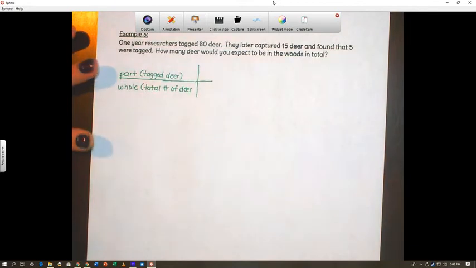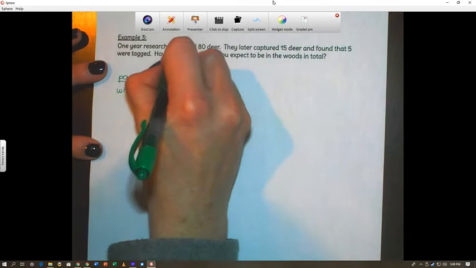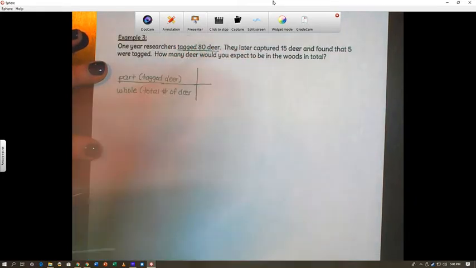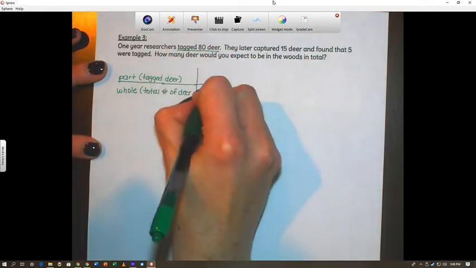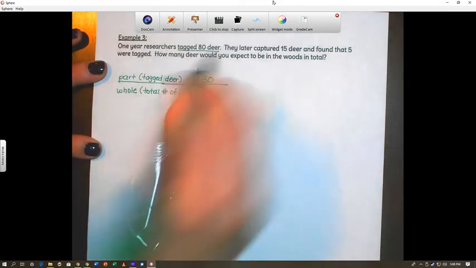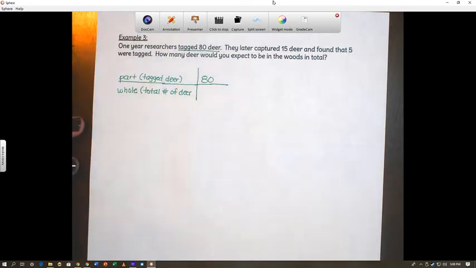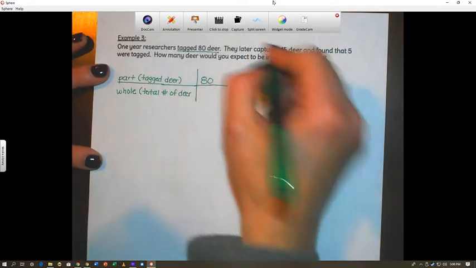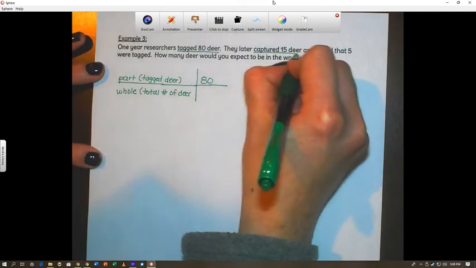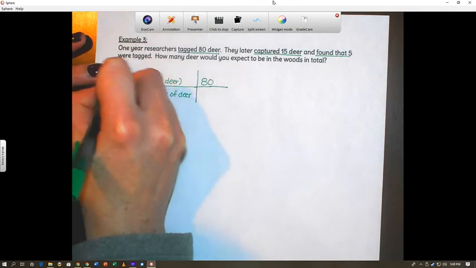So looking at that first sentence, it says one year researchers tagged 80 deer. So I'm going to put the 80 with my label of tagged deer. They later capture 15 deer and found that 5 were tagged.